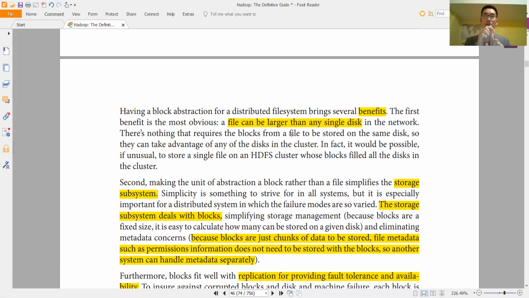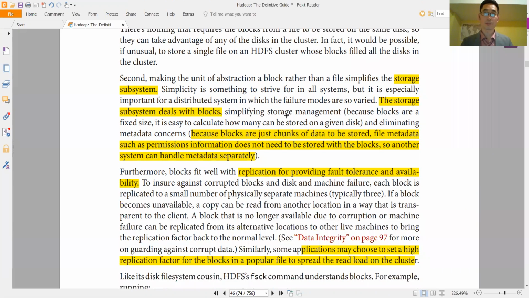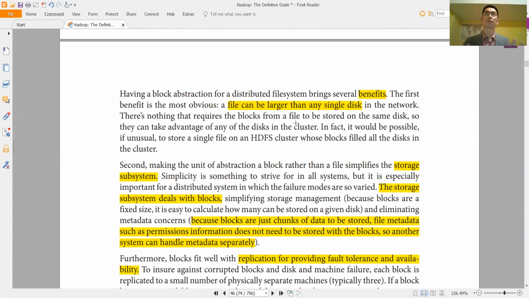For each disk, we divide the whole disk space into blocks. We use the same approach when we manage 100 disks. So to HDFS, each disk is a collection of blocks. The first benefit is that using the block concept, HDFS can manage multiple disks. Second, it is easy to make copies.